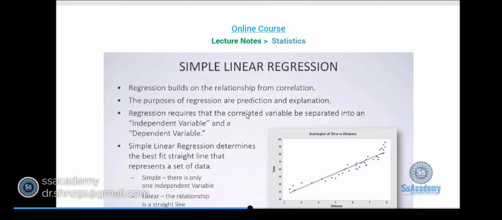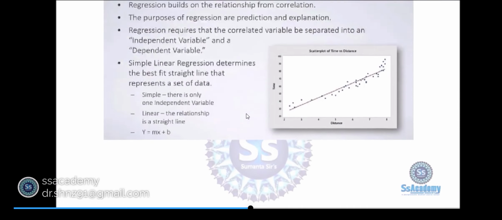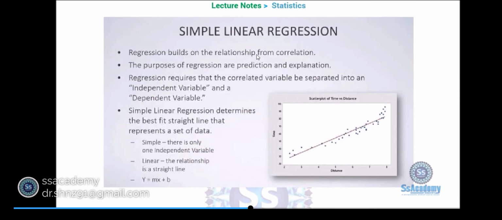Simple linear regression. So here is written, you see the regression builds on a relationship from correlation. The purposes of regression are prediction and explanation. The regression requires that the correlated variable be separated into an independent variable and a dependent variable.